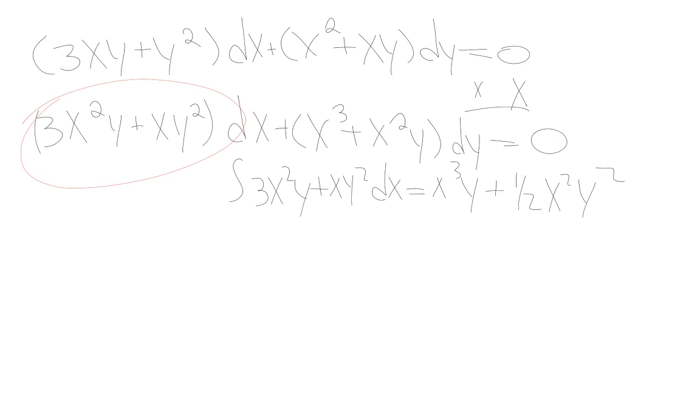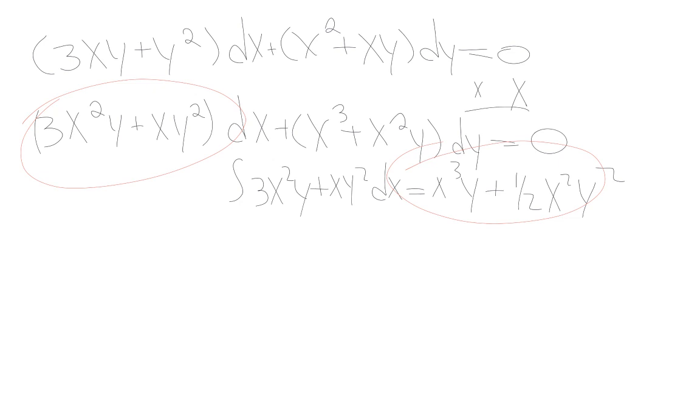And as I've showed in my previous videos, the way to solve for that single variable function is to take the partial derivative of this expression of the integral, this here that's circled in red, with respect to y, and then subtract that from N of xy and integrate all that. That would give us the unknown function of y.